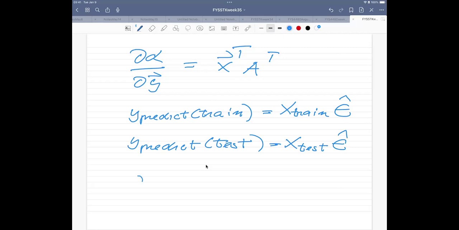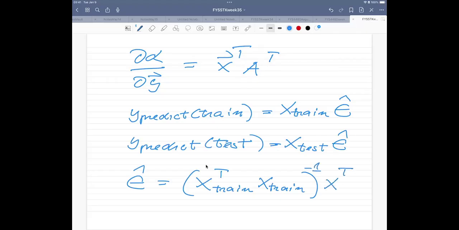Theta is something we find from training. The theta value is given by calculating the inverse of X train transpose times X train, times X train transpose multiplied with Y train.